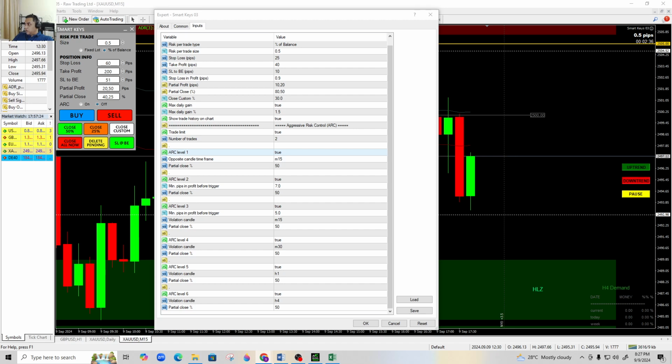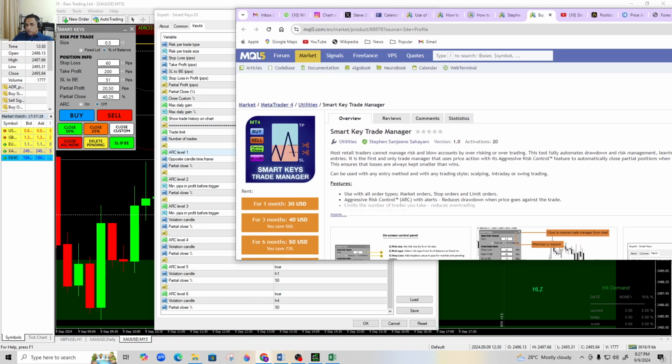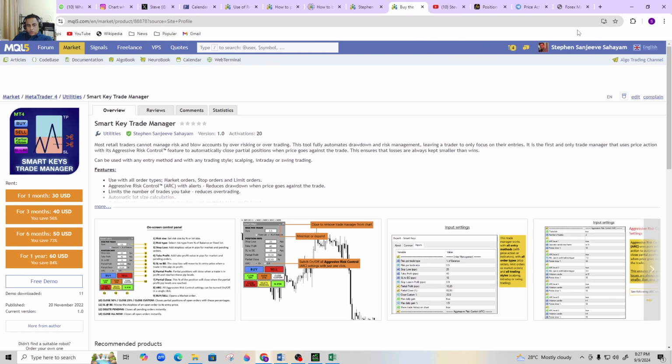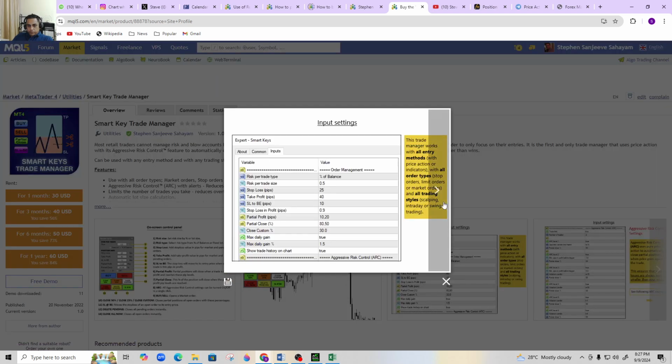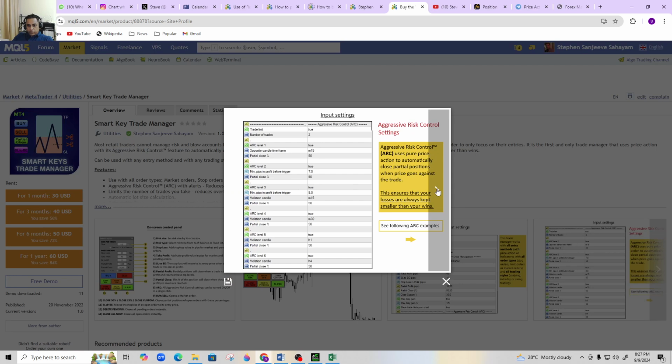Right, here you go. Aggressive risk control settings explains all of these risk control settings with examples.